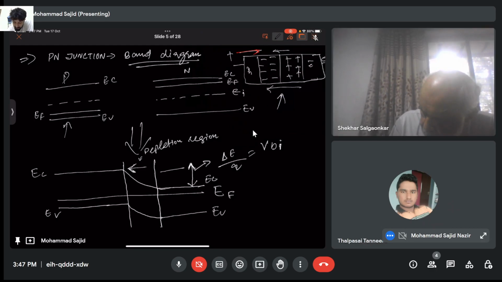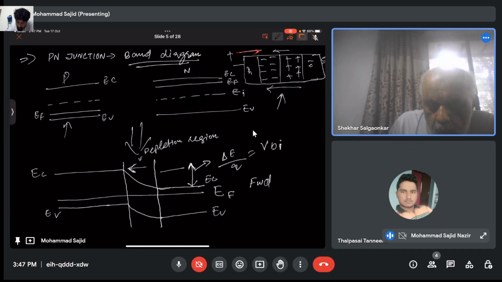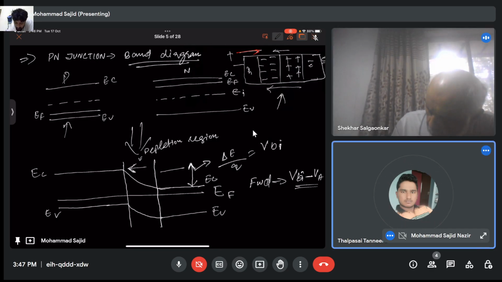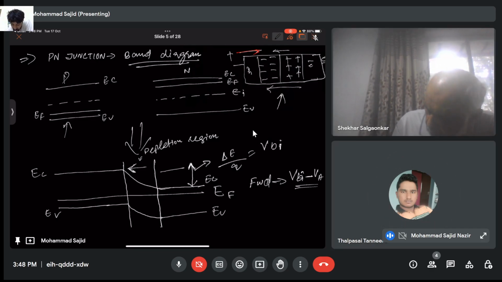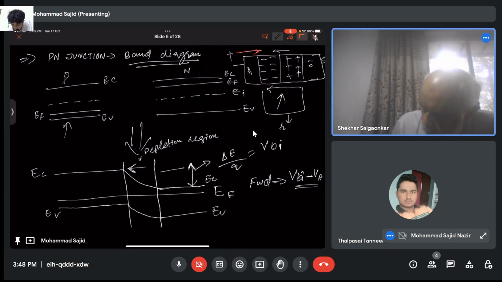So obviously, in the forward bias case, the built-in potential reduces, so it should be VBI minus V applied, right? Yes, sir. So what happens is once you apply this voltage, this potential reduces and current flows.